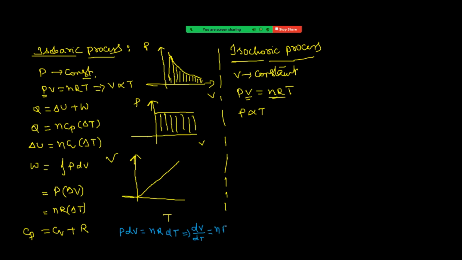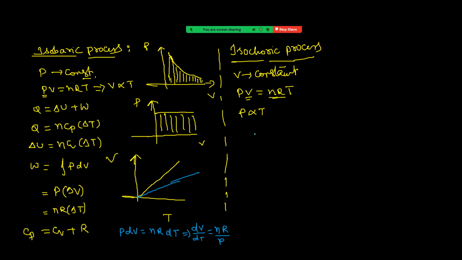That is now nR by P. So slope gives us, means volume temperature graph, slope gives us nR by P. Okay. If you are given two graphs for same system, then nR is a constant. Then the one which has more slope, that is having less pressure. Okay. So volume temperature graph, slope gives us nR by P.